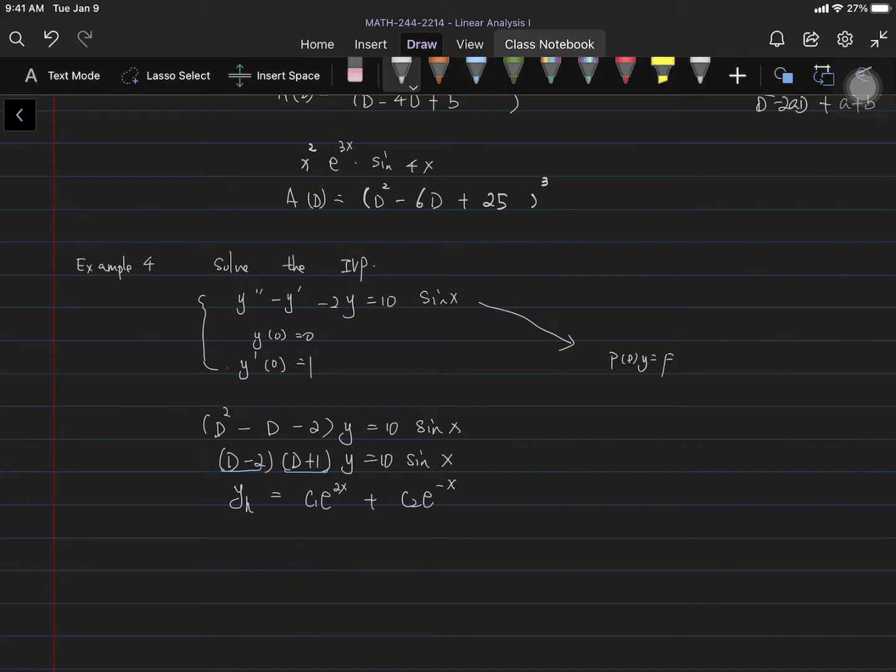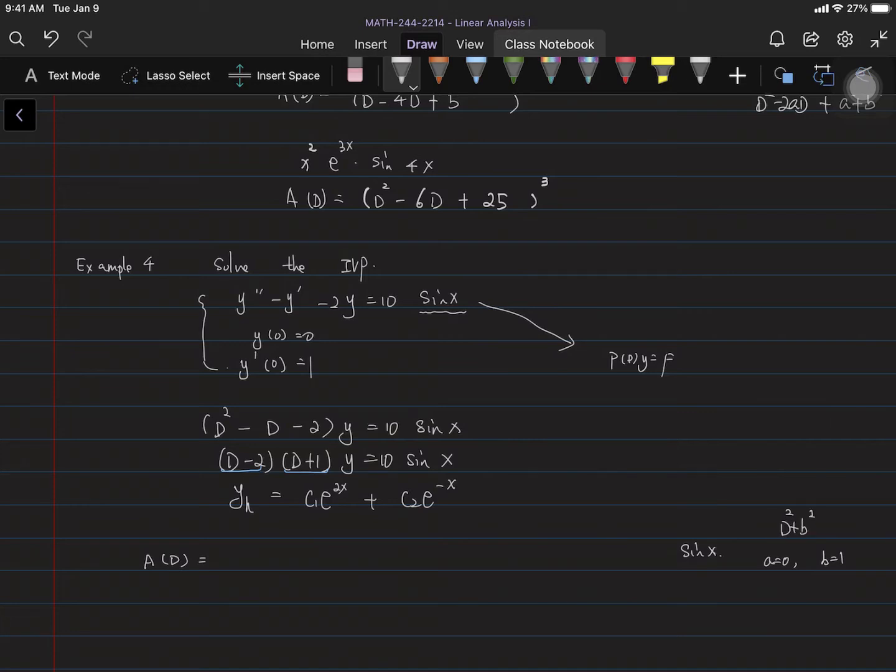Next step, we need to find the annihilator A(D). We need to look at the right side, sin x. For sin x, that means a equals 0, b equals 1. Is that correct? In that case, it's going to be D squared plus b squared. Do you still remember the special case?